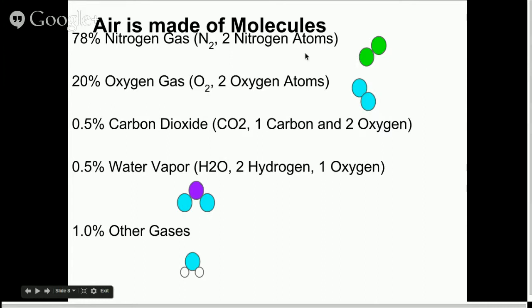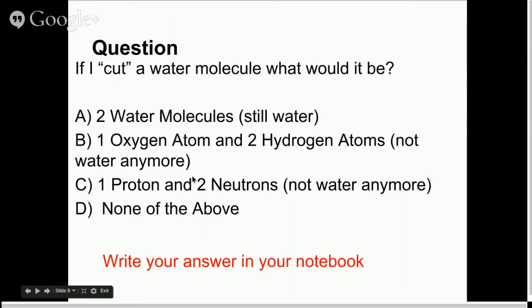We breathe in a little bit of carbon dioxide, a little bit of water vapor, and some other gases. Oh, this is carbon dioxide. So most of these don't hurt us. Oxygen helps us, but actually most of it is nitrogen and it really does nothing.